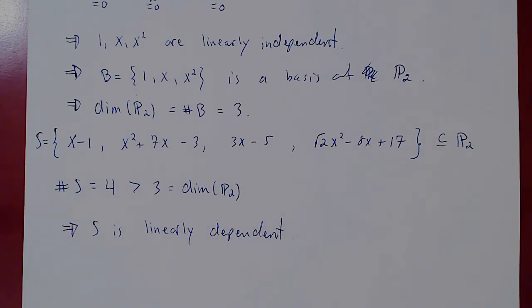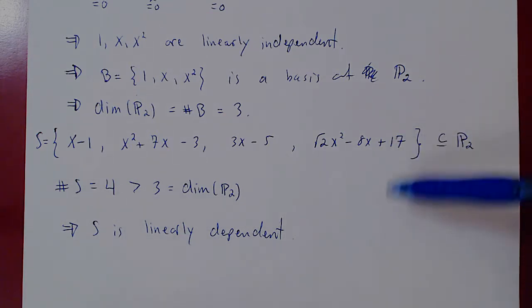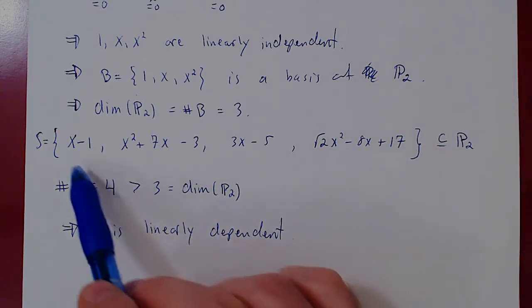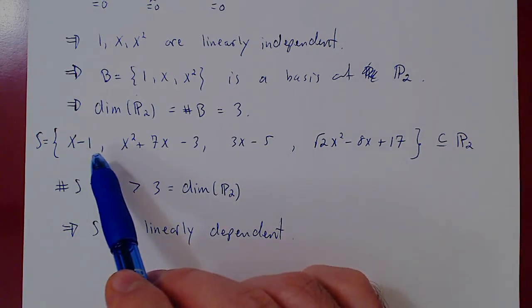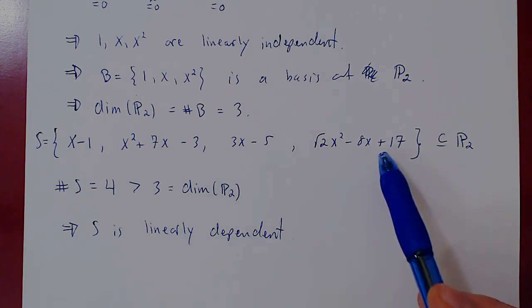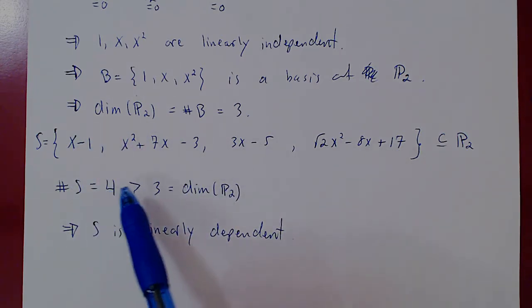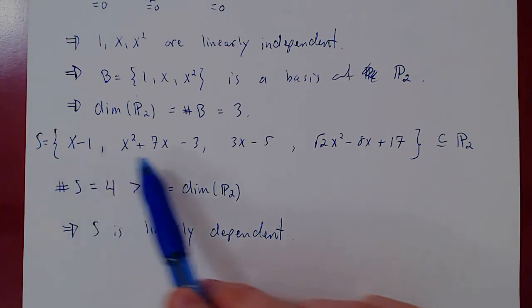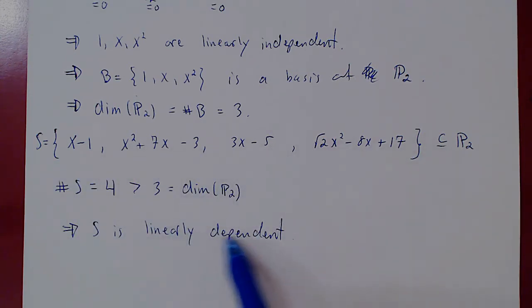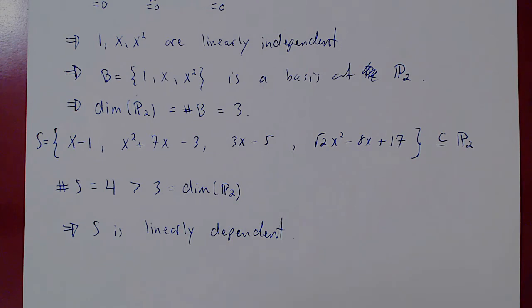And that's it. And you will see sometimes I will say to use a dimension argument, and that is the argument I'm referring to. If you ever have a vector space and a subset of the vector space, if you have more elements than the dimension of your space, the elements are automatically linearly dependent. And again, that is what I call a dimension argument.